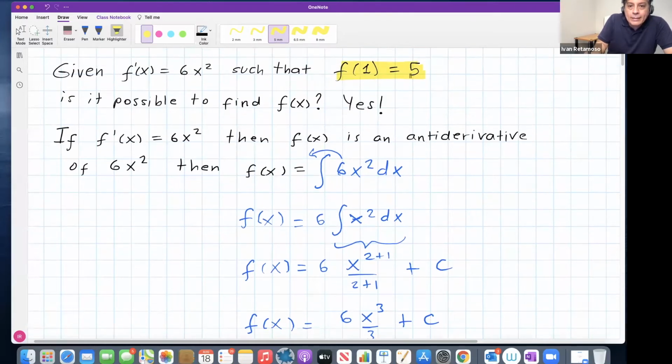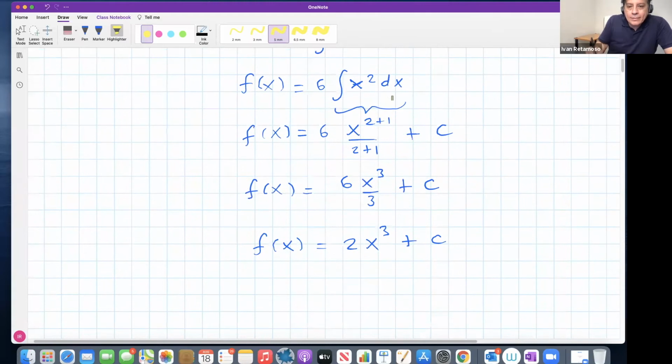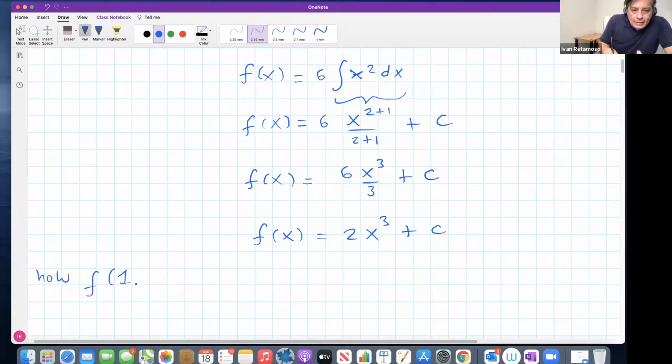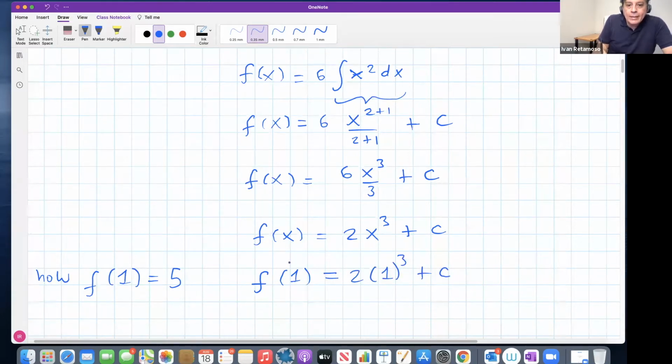F evaluated at 1 equals 5. This information is given, so let's use it. What you do is this: f evaluated at 1, on one hand, is 2 times 1 cubed plus C. I'm replacing x with 1.